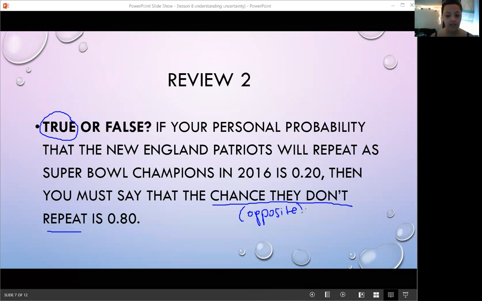The chance of the opposite event is 1 minus the chance of the event happening, and our chance of the event is that they're going to repeat as champions, which is 0.2. That gives us the chance of the opposite event. You're able to do 1 minus 0.2 because together this 20% and this 80% is going to equal 1. So that's just one of the rules of probability, I believe our third one.